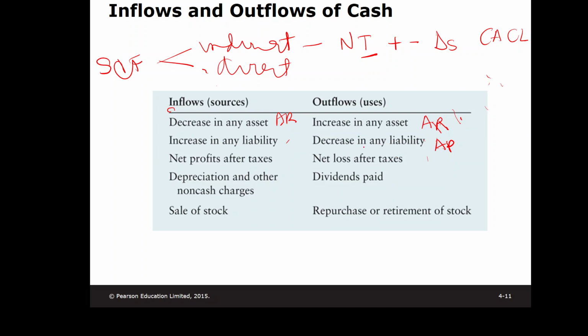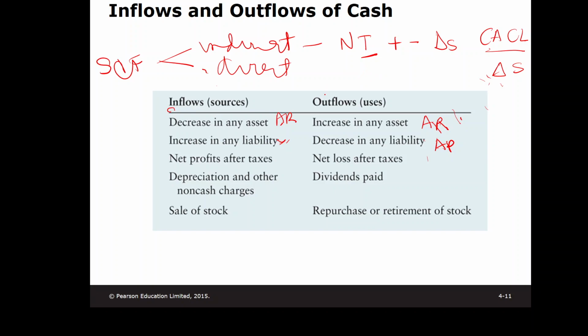Here, you're looking at the effect. An increase in liability means you borrowed a lot. As we said, accruals and accounts payable are a spontaneous source of financing. The sale of stock and repurchase: when you issue, it is an inflow, and when you buy back, it is an outflow. So in the current asset and current liability section, you're looking at the changes, because this would be an adjustment to net income.